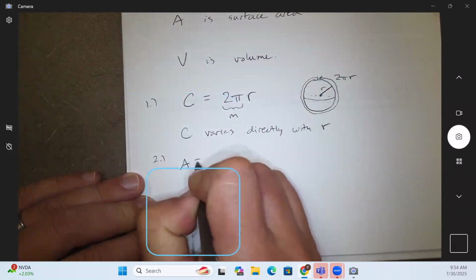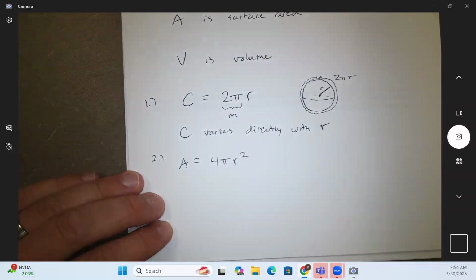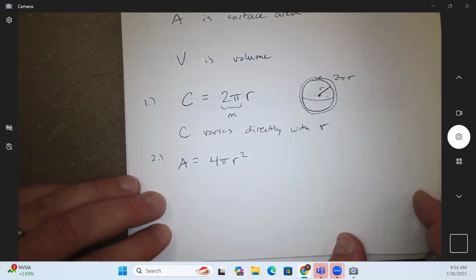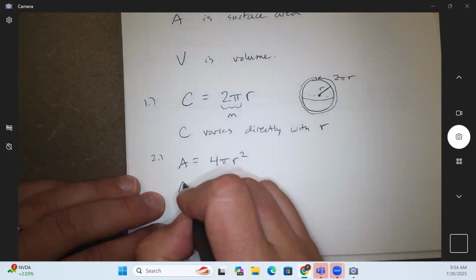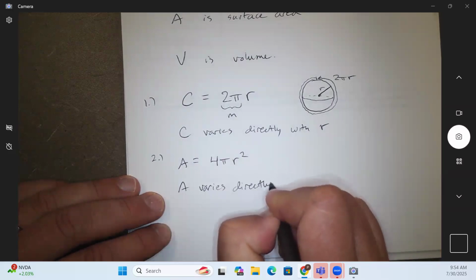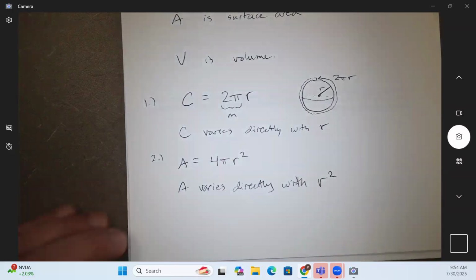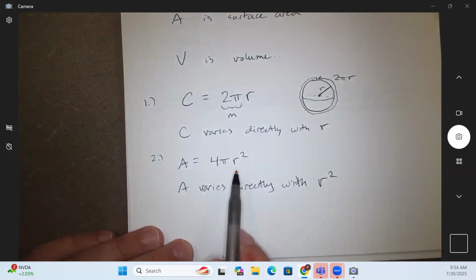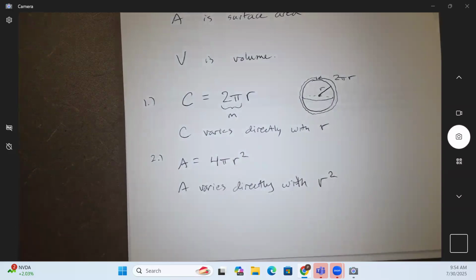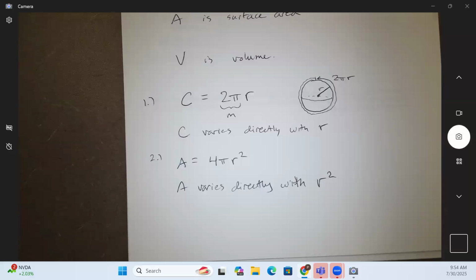The surface area is 4 pi r squared. So A varies directly with r squared. And that's just like the square, right? When we did the square over here, we said the area is the square of the side length.